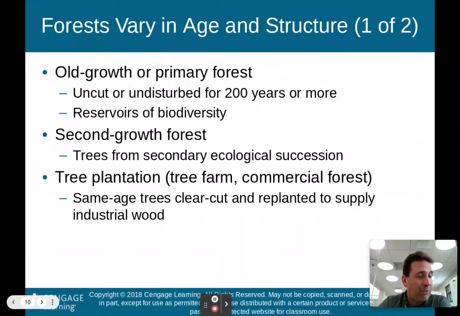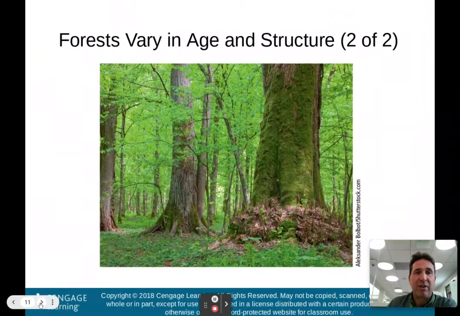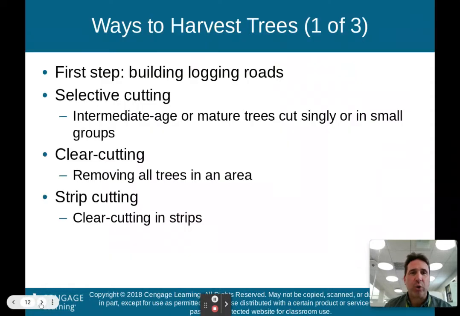Or in the oil palm tree case, palm oil, okay? But again, those would be your tree plantations, second growth forest, and your old growth or primary forest. So just understand the difference between the three. And again, this is an old growth forest in Poland. Again, this forest has been undisturbed for over 200 years, and once again, a reservoir for biodiversity.